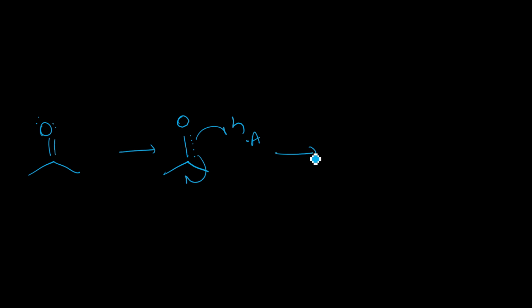So let me draw it here. Now what happens? Here we have the initial. This is our initial molecule. Now when the excitation happens, you know this bond is going to be weakened. Now if we introduce a radical to our reaction mixture, this can easily undergo a radical reaction mechanism.